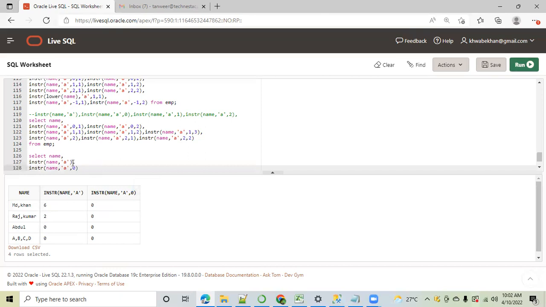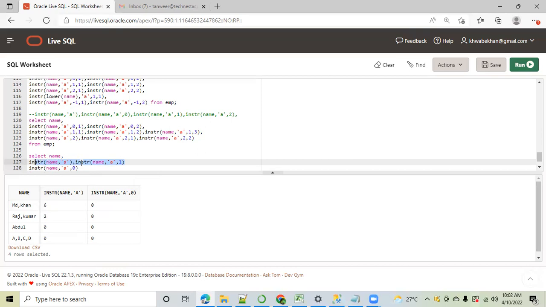Now, instr name comma A comma 1. Now try to understand the difference between this and this one.